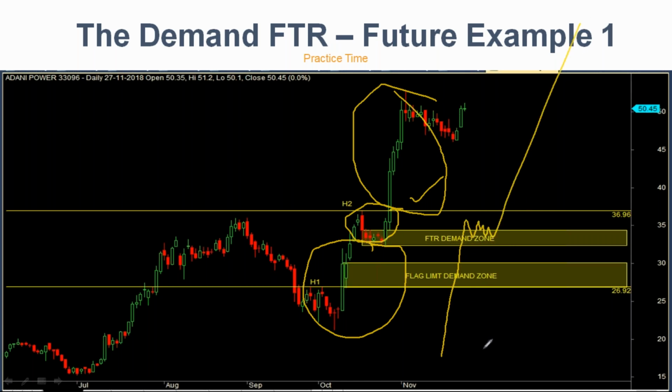Ultimately, everything is the same: markup, reaccumulation, markup. Suppose the high breaks again, go to the next FTR, escalator.